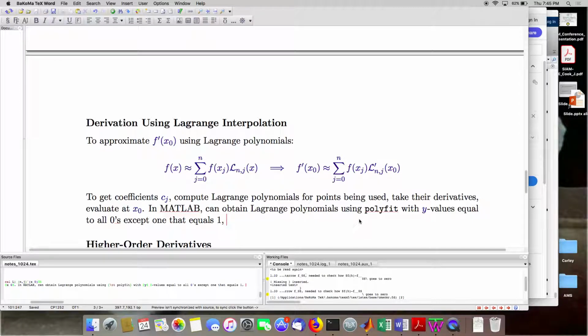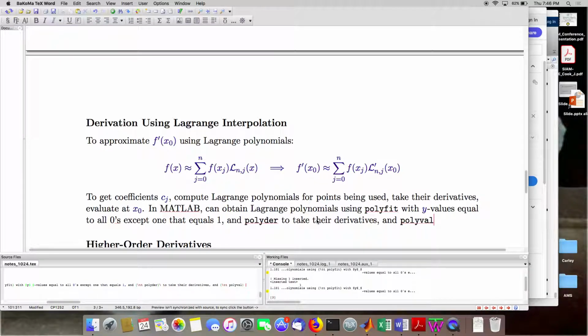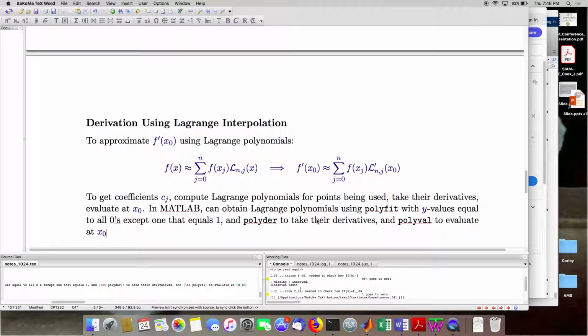This came up on a test: Lagrange polynomials are equal to 0 at all the interpolation points except at one of those points, where they are equal to 1. So you pass in your x values, and for y values, just use all zeros except for a 1. And you can use polyder to take their derivatives, and polyval to evaluate at x naught.